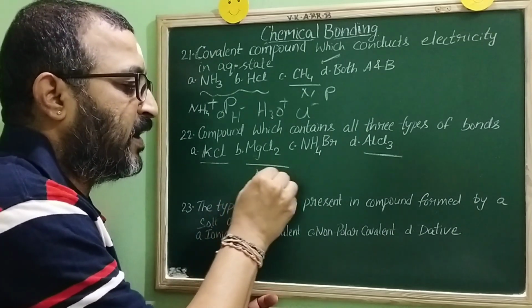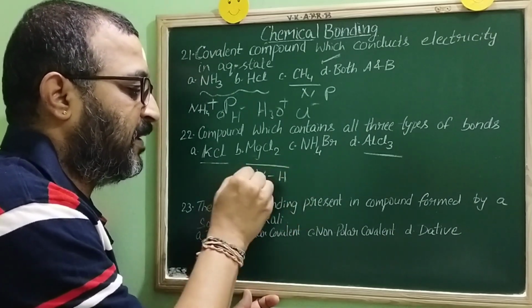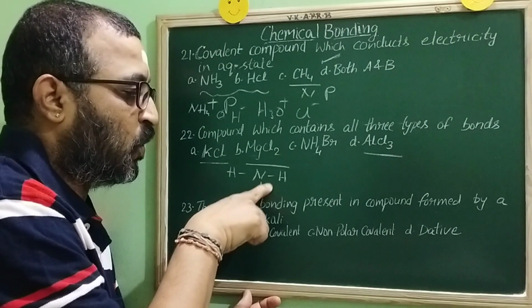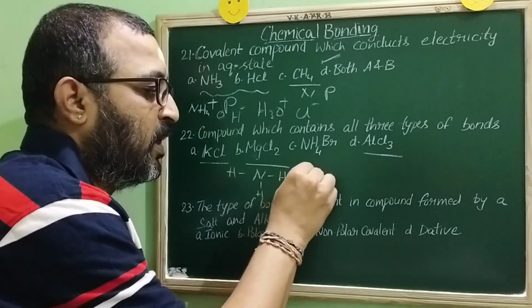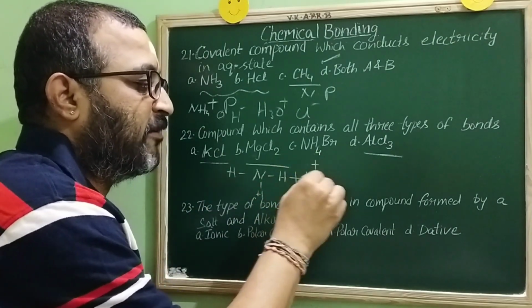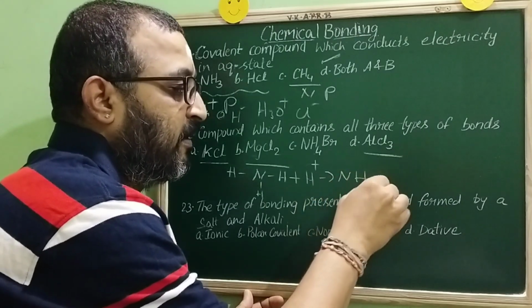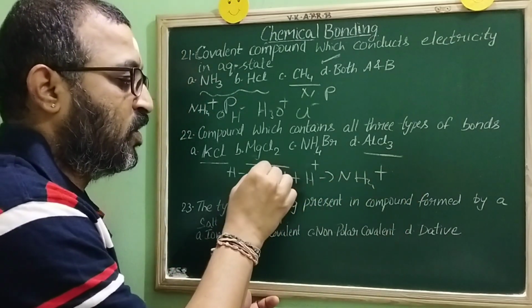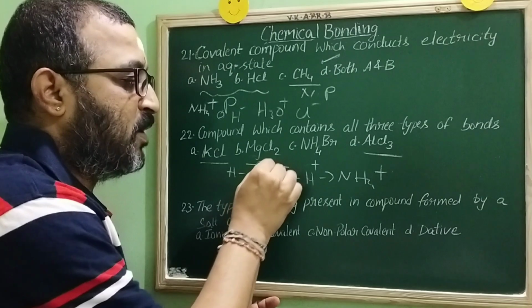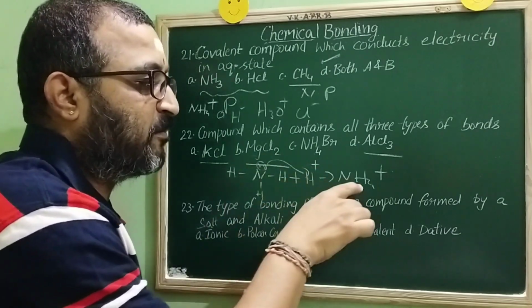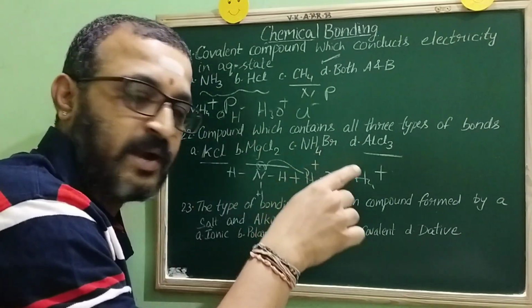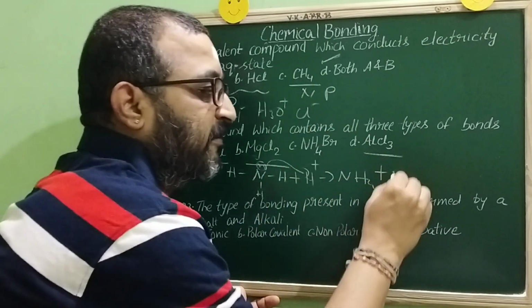Children, we all know that ammonia, right? It is something like this. Covalent bond and covalent bond. Then when it combines with H plus, it produces ammonium ion. So the type of bond formed between this nitrogen and this H plus is what? Coordinate bond, and it forms NH4 plus.